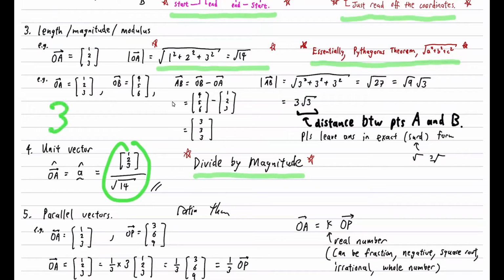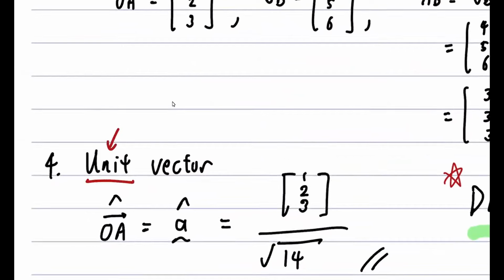You start with a length 3 vector, you divide by 3, what do you get? 1. So what's the length of OA hat? 1, exactly. That's what unit means. Unit is an old-fashioned English word for 1. Unit vector means length 1.